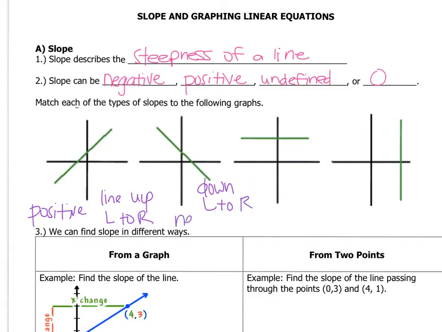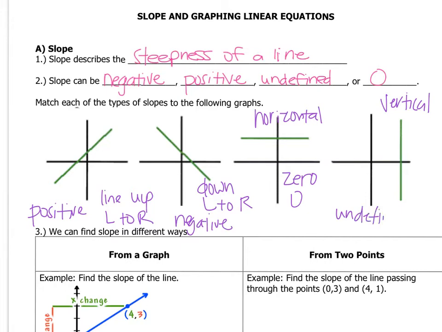This line has a negative slope. In the third graph, we have a horizontal line. A horizontal line has a slope of 0. You could either write it out or just write the number as 0. And then finally, the last graph has a vertical line. The slope of a vertical line is undefined.